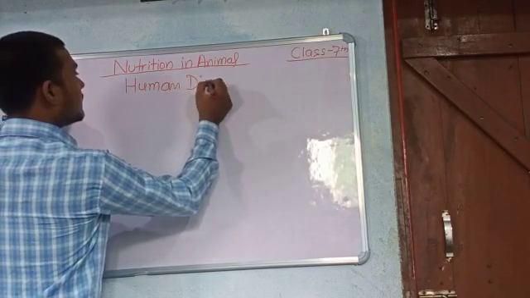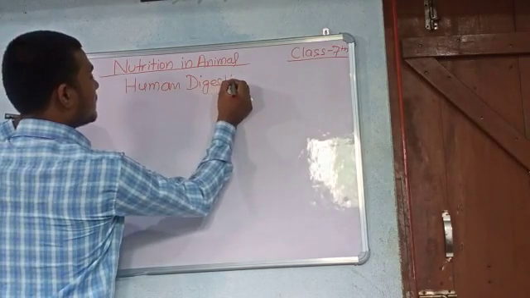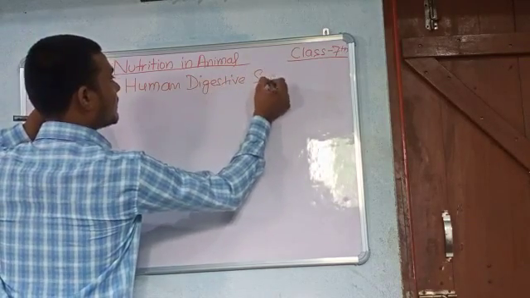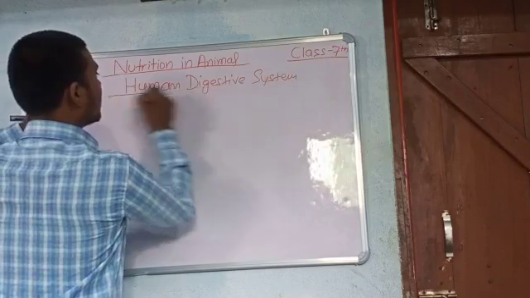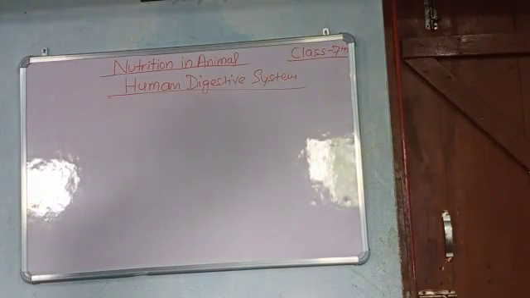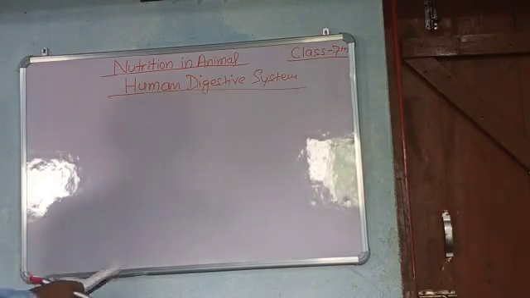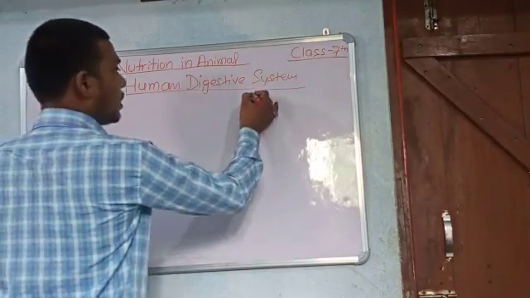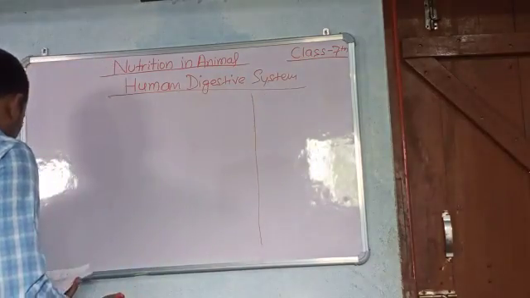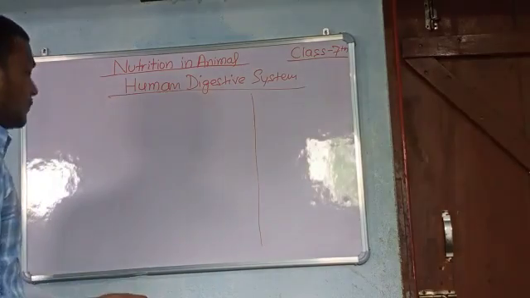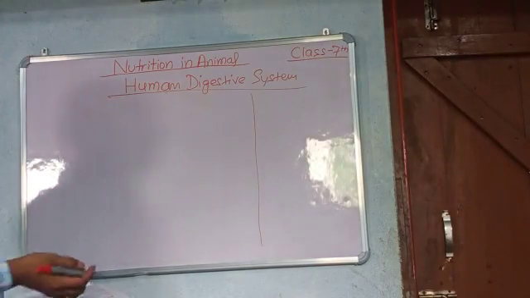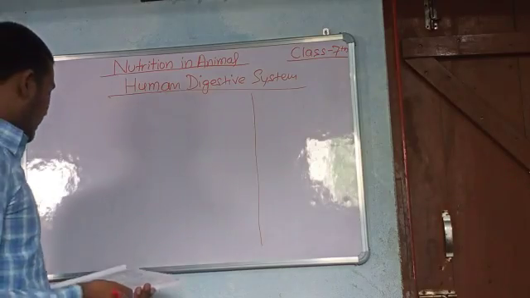The human digestive system. Okay, so this human digestive system contains some processes. Write down the first processes. First of all we introduce the alimentary canal. Whatever steps of nutrition are carried out, they take place through the alimentary canal.